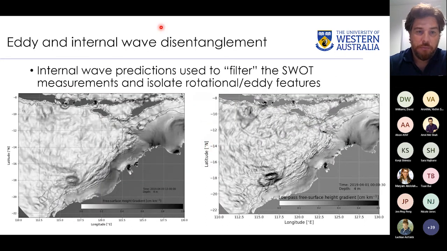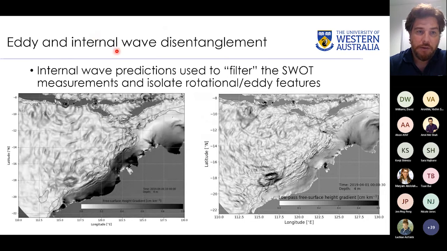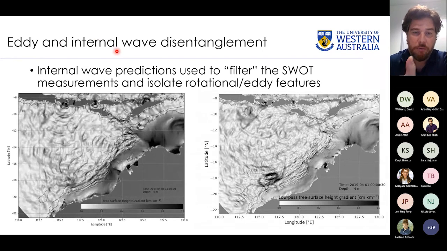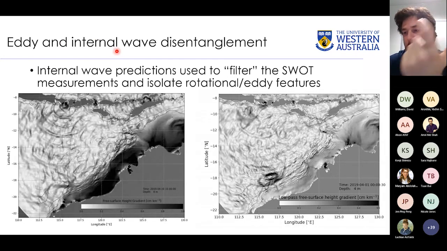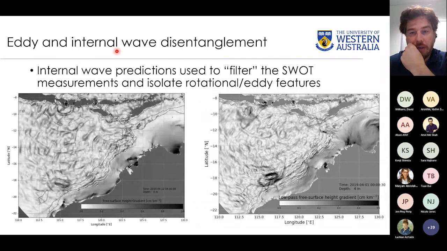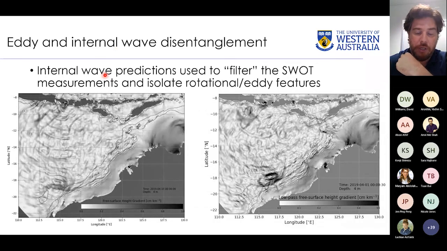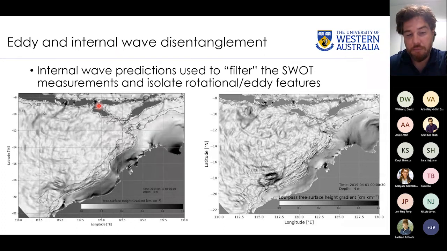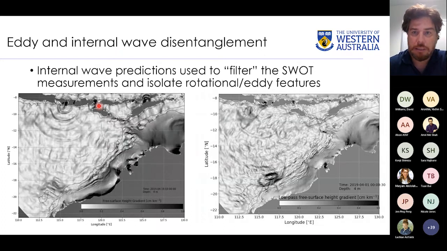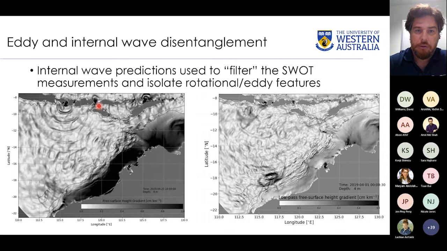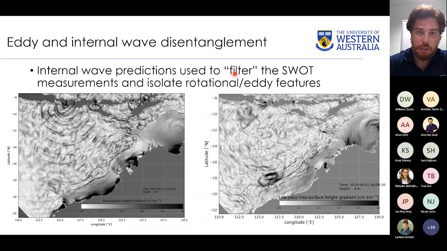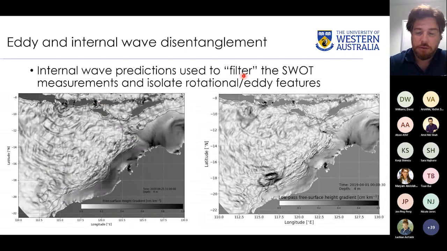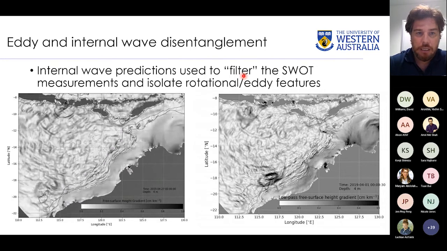So in terms of internal waves and eddy disentanglement, if you can separate the two, internal waves and eddies, from the satellite signal, you can actually use simplified models to infer what the currents are. So the separation is one of the challenges of the data.